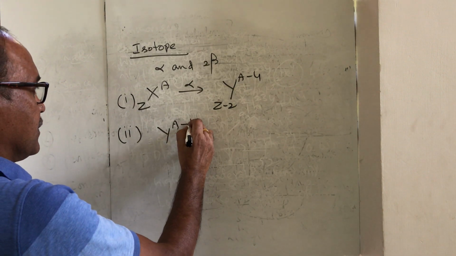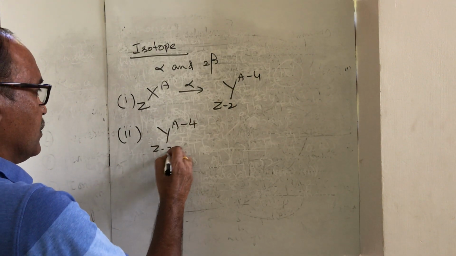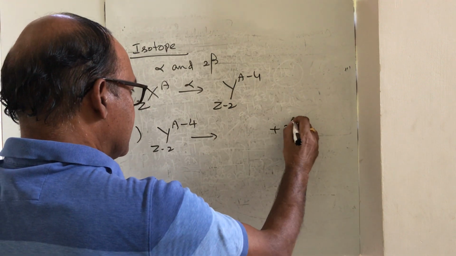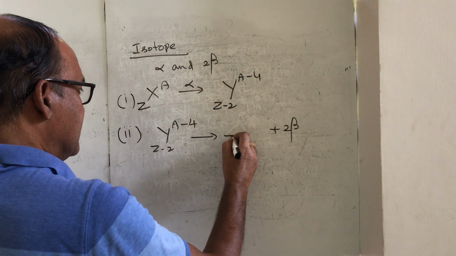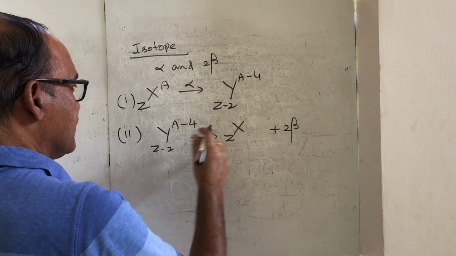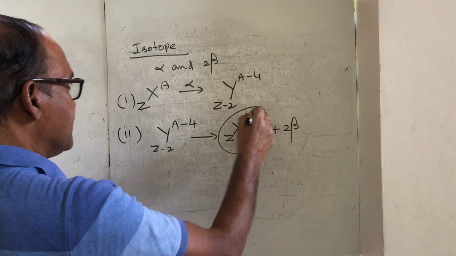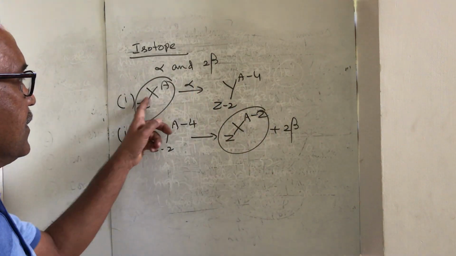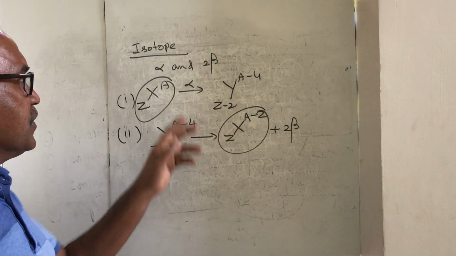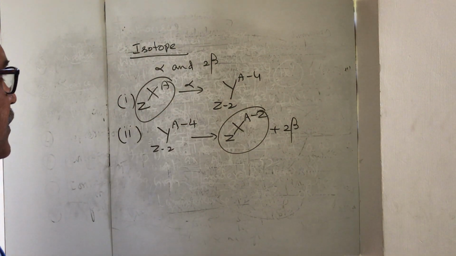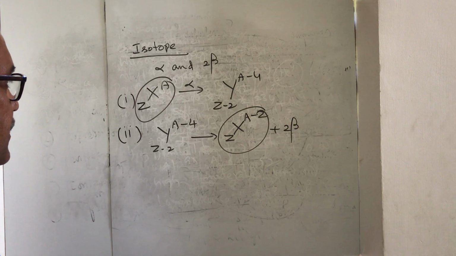Now beta particles are emitted, say two beta particles. Z is retained, naturally X. Now the A minus Z relationship between this and this is an isotopic relationship. So one alpha followed by two beta particles, an isotope is resulted.